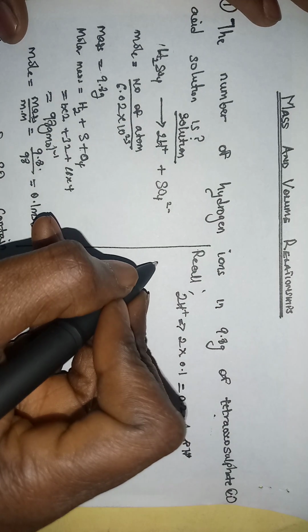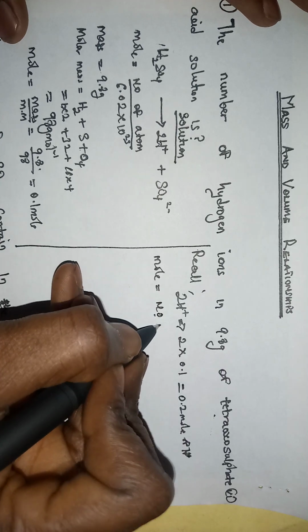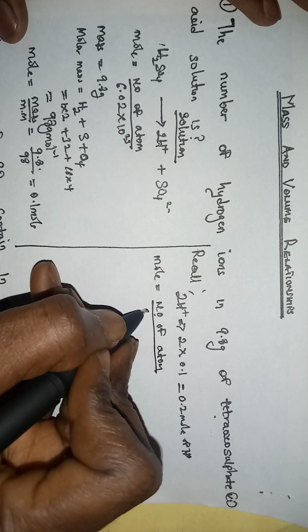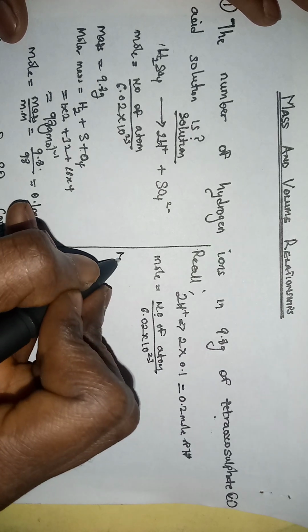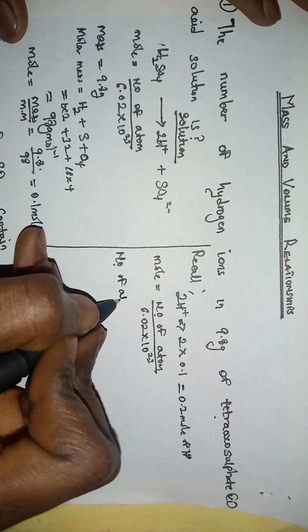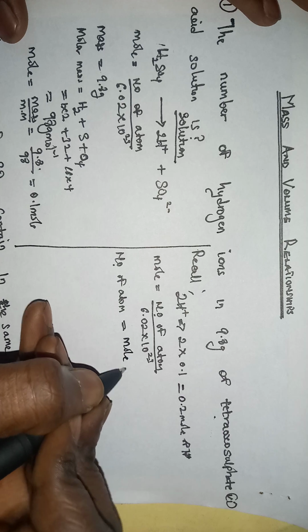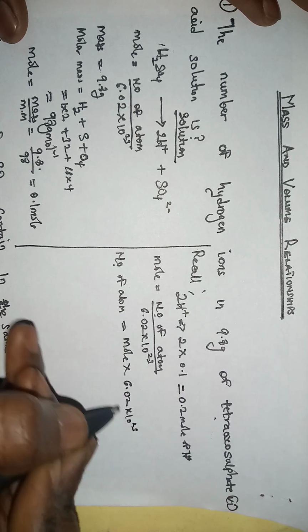Now from our formula, mole is equal to number of atoms upon the Avogadro's constant, 6.02 times 10 raised to the power of 23. If I make the number of atoms the subject of the formula, we have mole multiplied by 6.02 times 10 raised to the power 23.